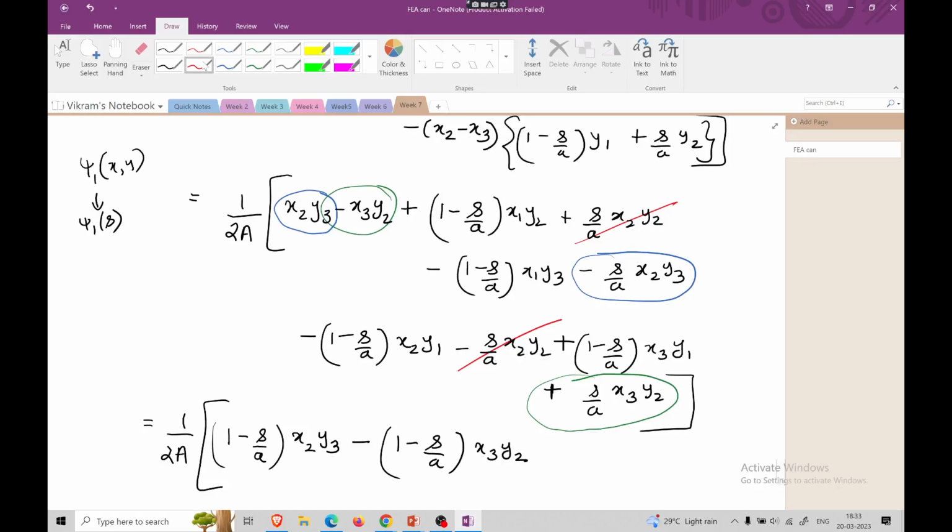At the same time I have only x2 y1 one only, and similarly I have x1 y3 and x3 y1.